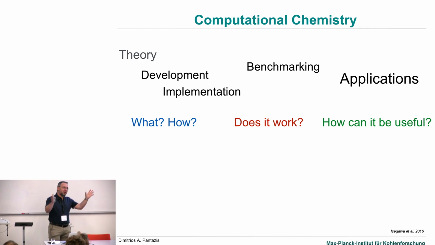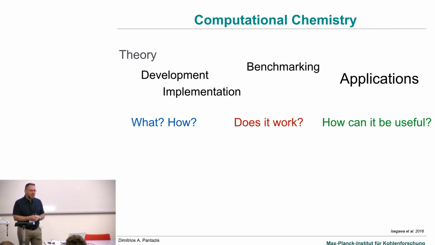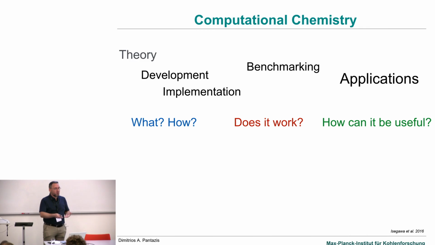And then we have a very open-ended field of applications. In the case of theory development and implementation, you have obvious connections with physics, mathematics, computer science, and computer engineering, while benchmarking is something kind of unique. And applications could involve anything, because applied quantum mechanics or molecular quantum mechanics can be used in all sorts of fields of science, from astrochemistry, astrobiology, and biochemistry to materials.